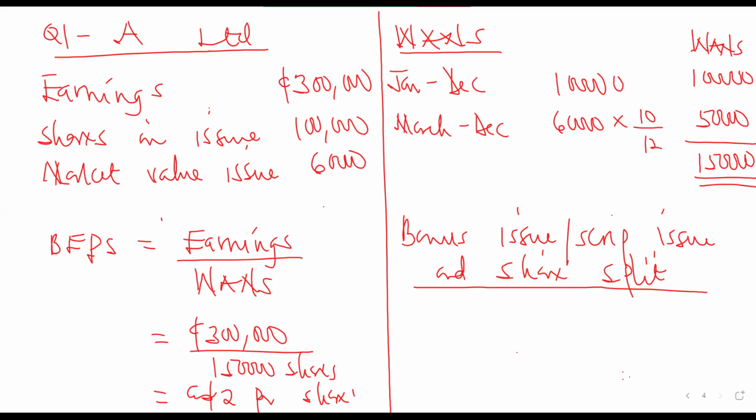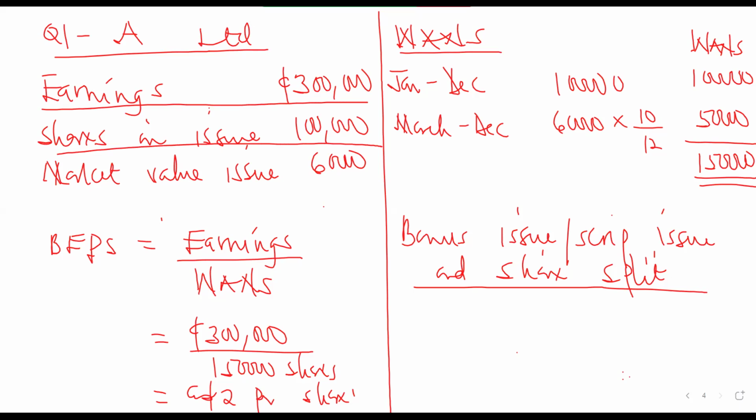So the bonus issue will be assumed to start from the time those shares were issued. So if we have the earnings, and the shares in issue are 100,000, these are the shares that we have from the beginning.